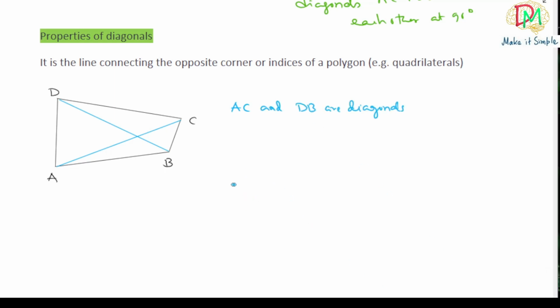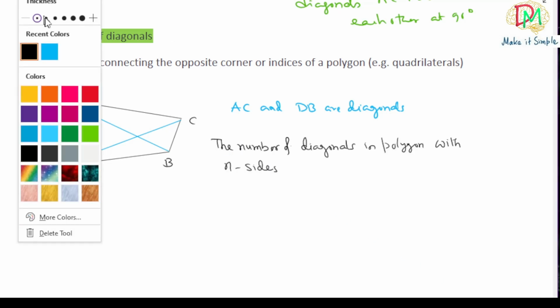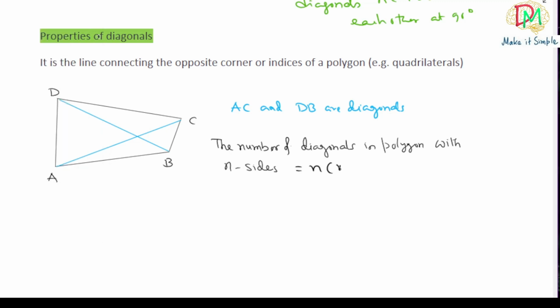We have already learned in another video that the number of diagonals in a polygon with n sides is equal to n into n minus 3 by 2. For the quadrilateral, n is how many sides? 4.